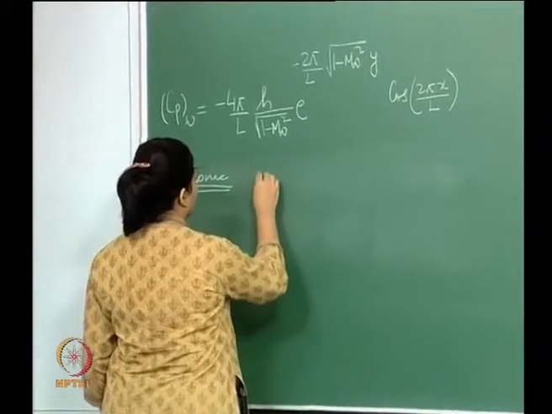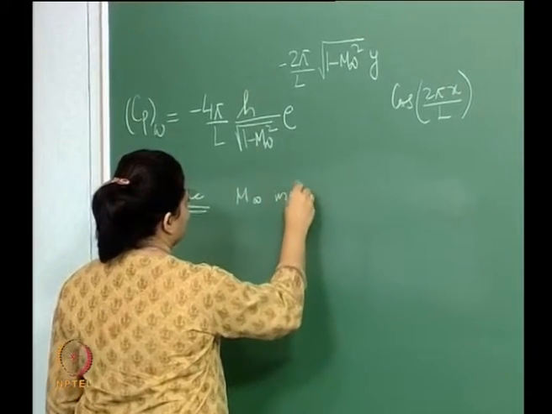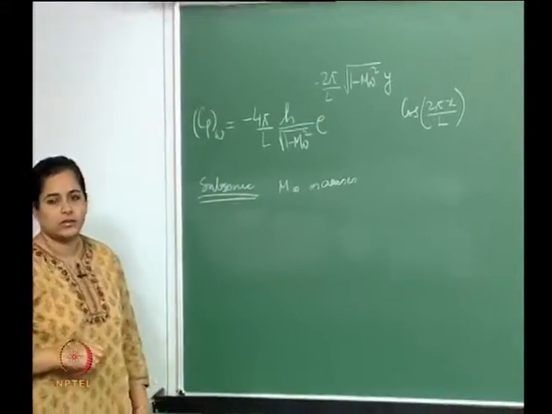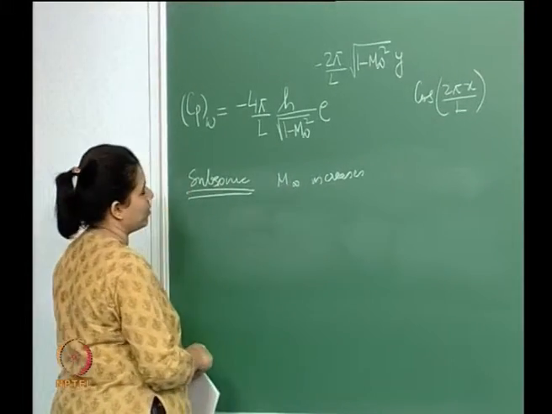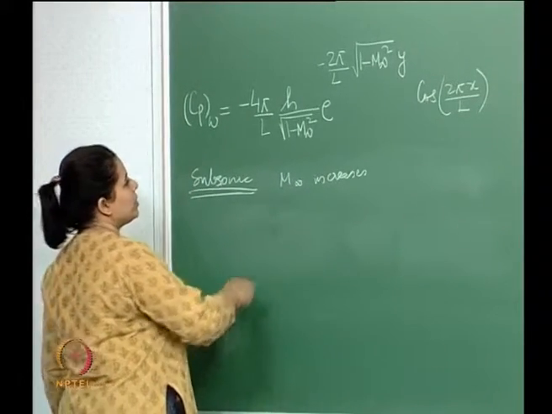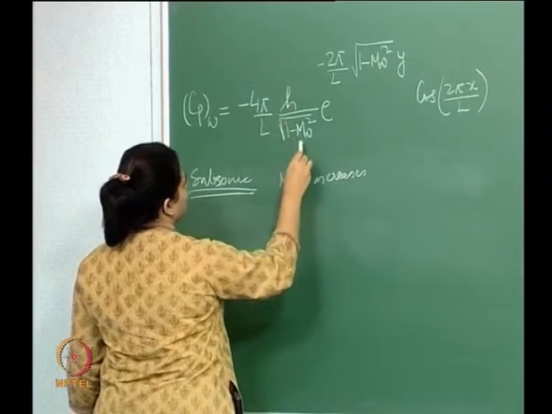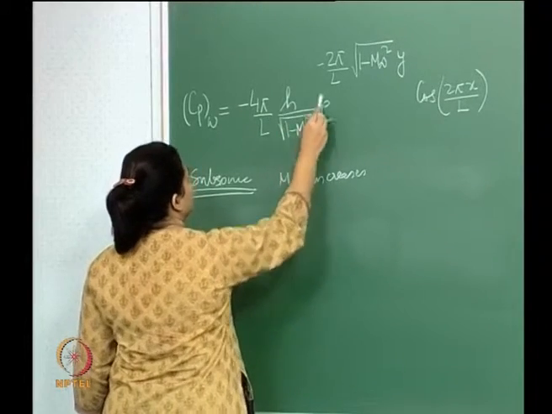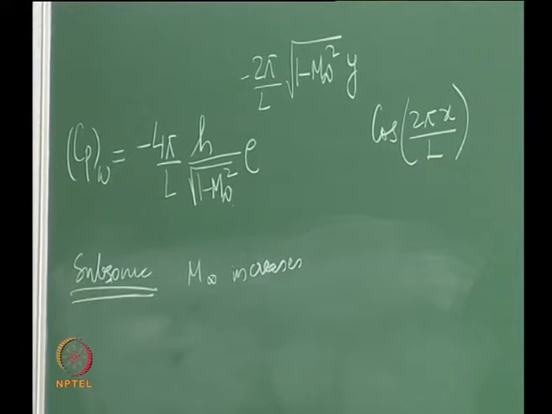Now if M infinity increases within the subsonic flow, if the Mach number increases, then what happens, right? If Mach number increases, look at this term, look at the pressure coefficient here. If Mach number increases, then this decreases. So this basically increases. Okay, this increases.